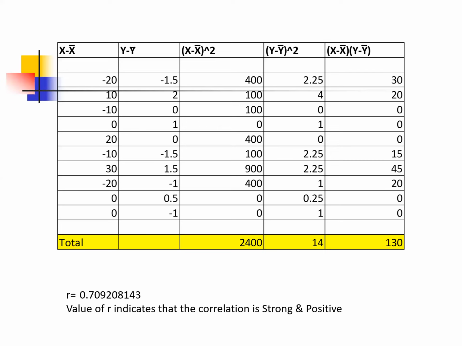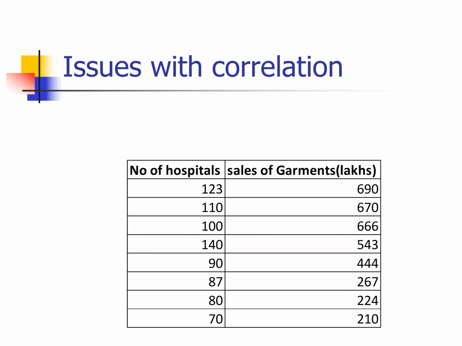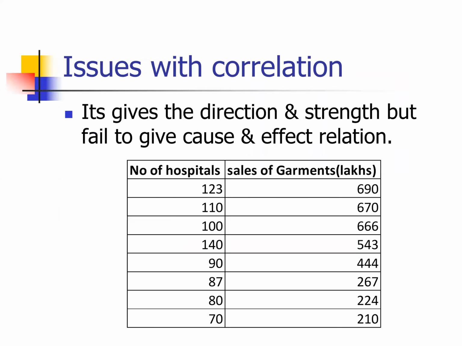But it is interesting to note the shortcoming that the coefficient of correlation cannot be considered as cause and effect. We cannot conclude that the variables are dependent and independent. For example, take a look at the table below. Here, the number of hospitals is mentioned and the corresponding sales of garments in the same area.